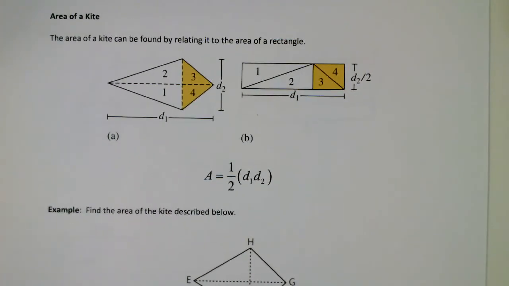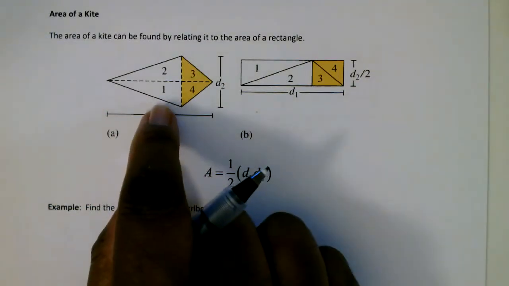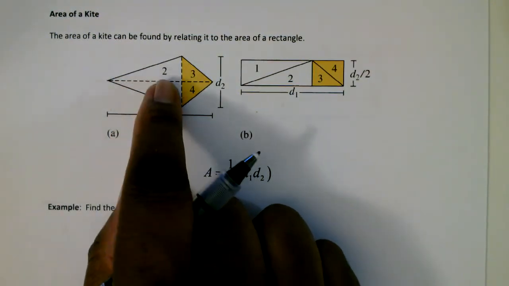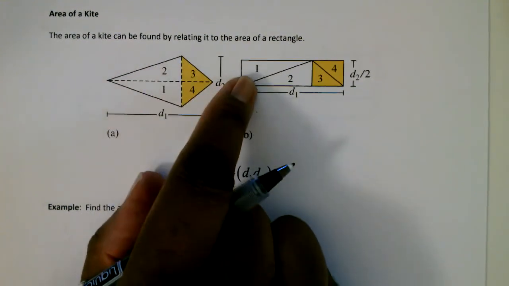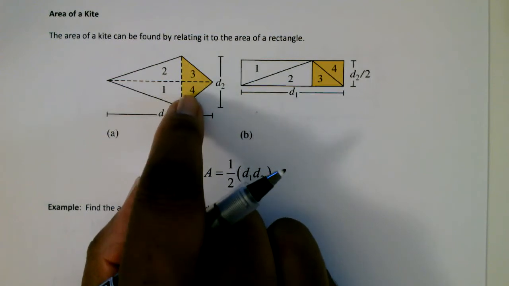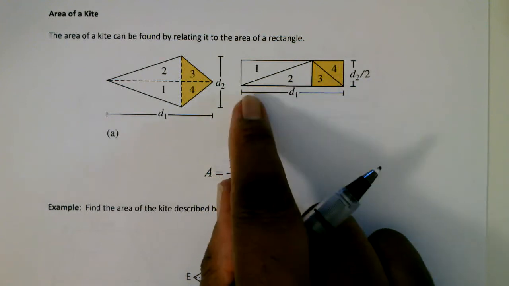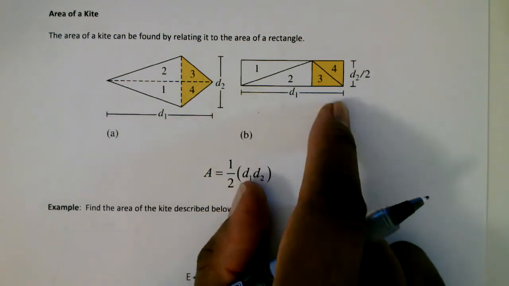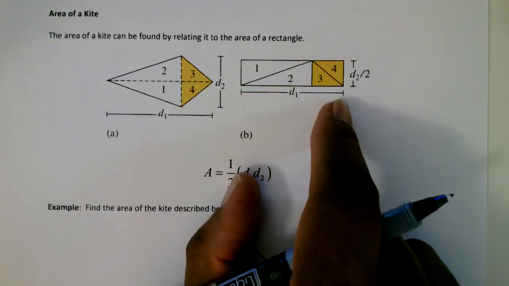Next, we'll look at the area of a kite. Here's what a kite looks like as a geometric figure. And this is what they did here. They took this triangle, triangle number 1, placed that on top to get this. And then they took triangle number 4, placed that on top of number 3 to get this. As you can see here, it's going to be the length of this diagonal times half the second diagonal.